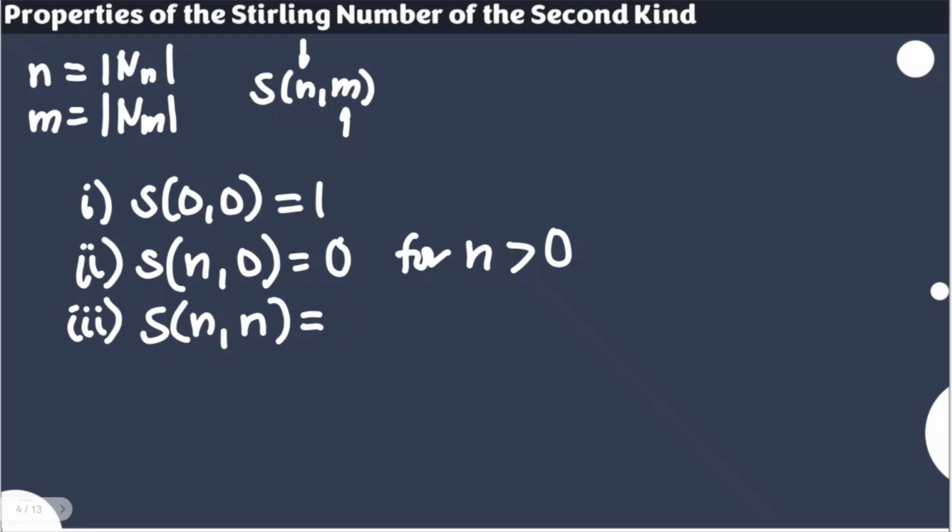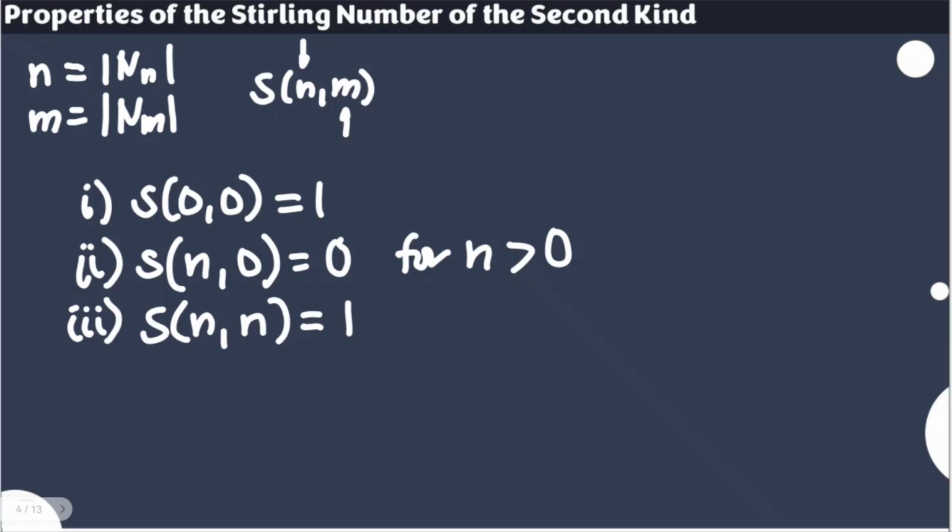There's only one way: each of the objects will be placed into each of those identical boxes because they match in count. That makes sure that none of those boxes will be empty, so all n boxes will be filled with each of those n objects. Hopefully that's clear. That's another property that we can draw.